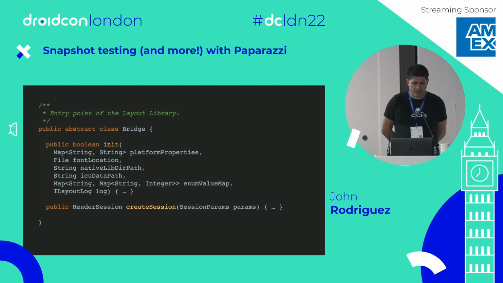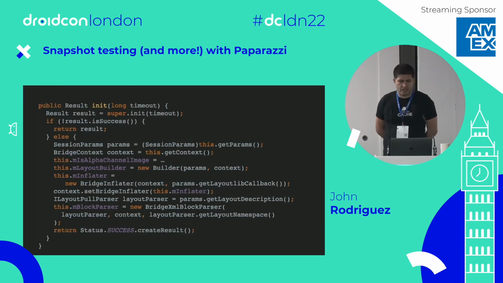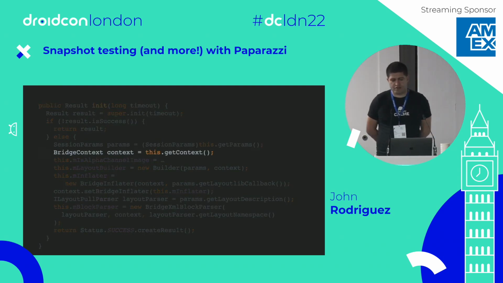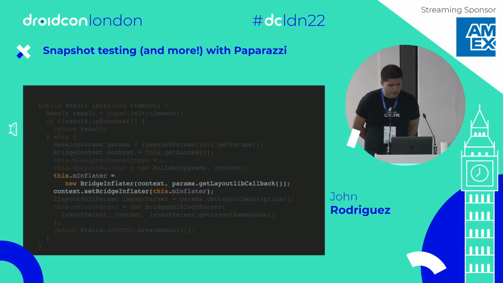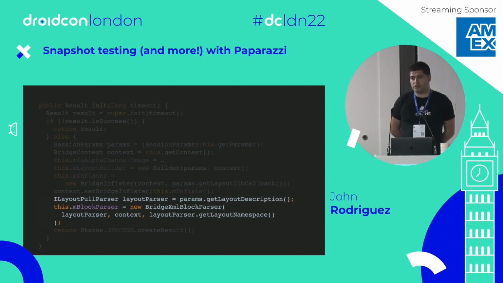So this is how Bridge looks, and we're not going to go into all of Layoutlib, but some things to note there is that the render session that powers this has some concept of mocks. Instead of the Android context that you're familiar with, or ContextImpl, the Bridge class provides an internal implementation of context called BridgeContext. Makes sense. There are also things for layout inflation and for parsing resources in general.